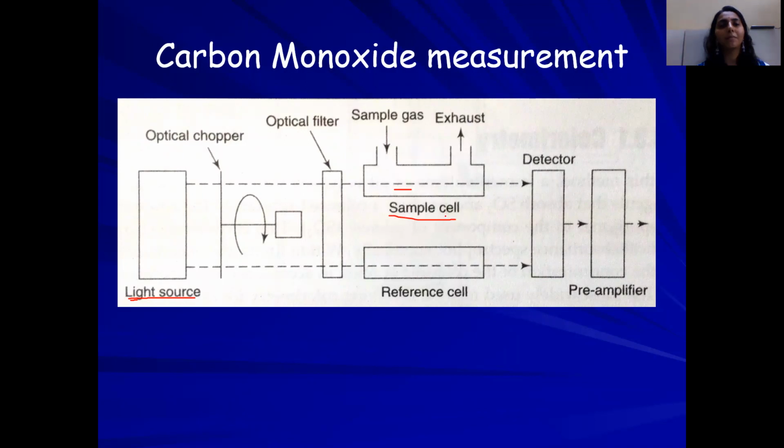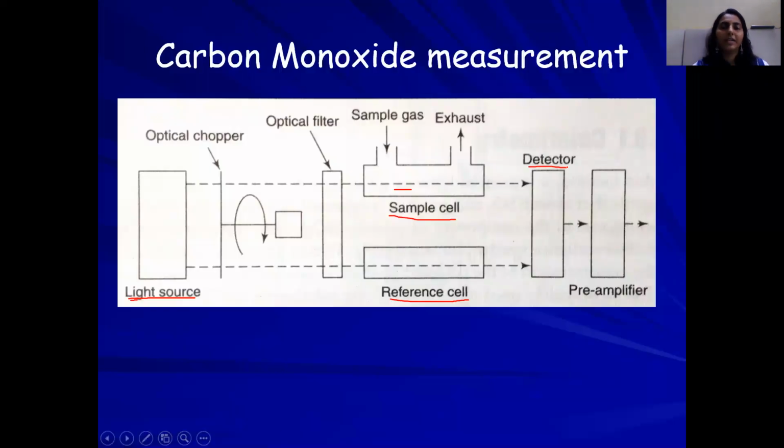The beam is passing through the sample cell as well as through the reference cell, going on to a single detector and then to a preamplifier and then to a recorder. Whatever absorption takes place of this light source in the reference cell and the sample cell, the change will be detected by the detector and then provided to the preamplifier. The change will be directly proportional to the amount of carbon monoxide present in the sample.